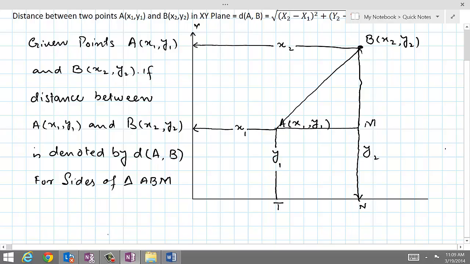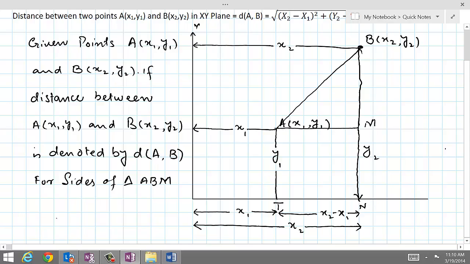we will find the side AM. If you take a look at these distances, this distance from here to this is x1, and this distance is x2, and that's why this distance is x2 minus x1.